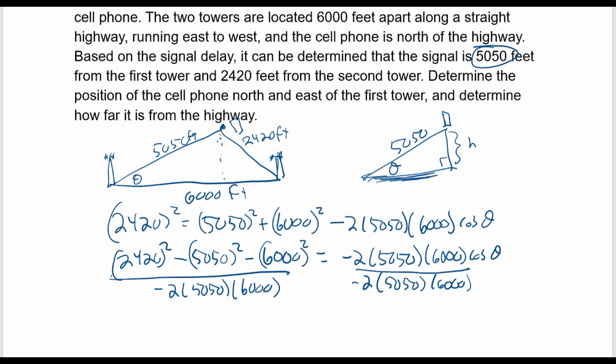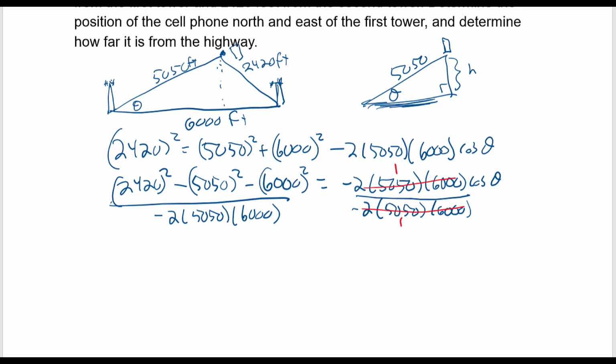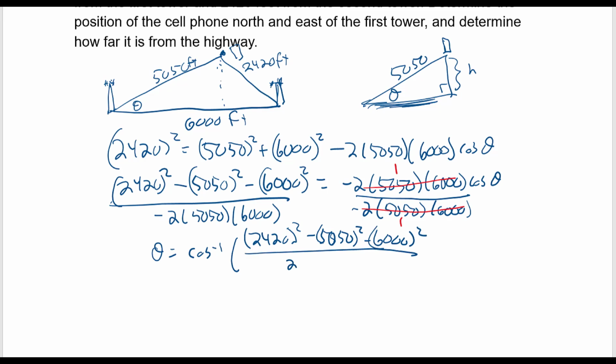That's our cosine theta, so theta would be cosine inverse, or arc cosine, of 2420 squared minus 5050 squared minus 6000 squared over negative 2 times 5050 times 6000.